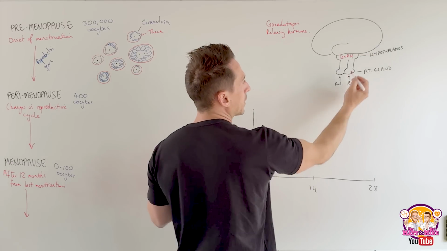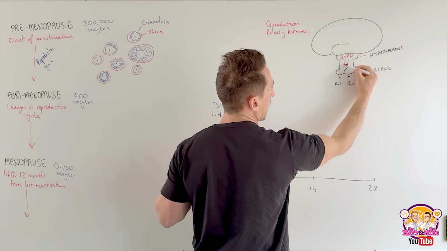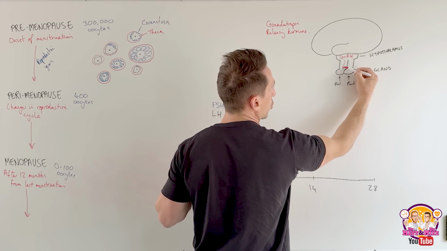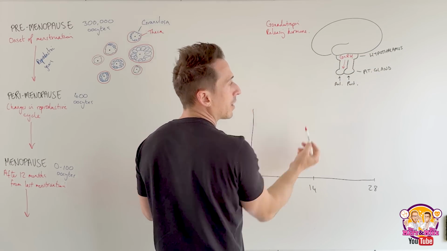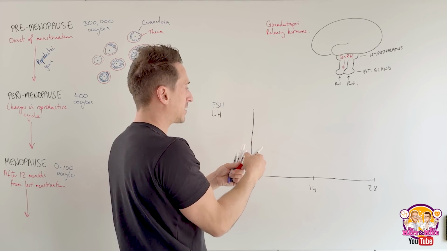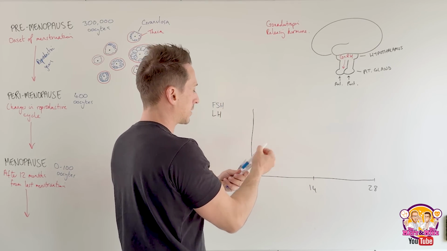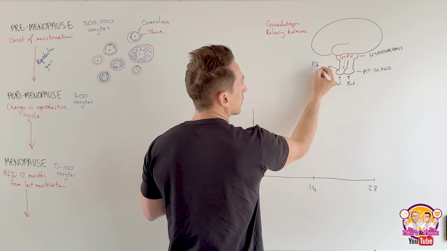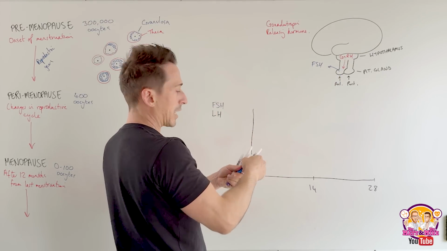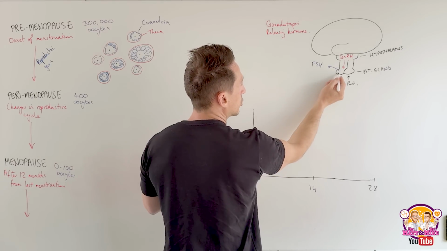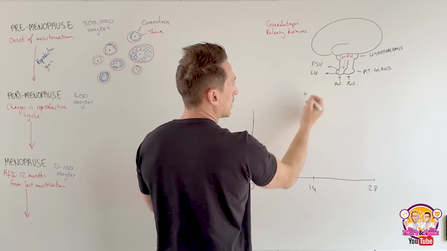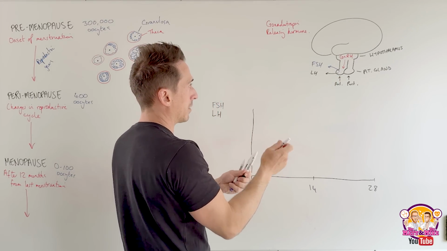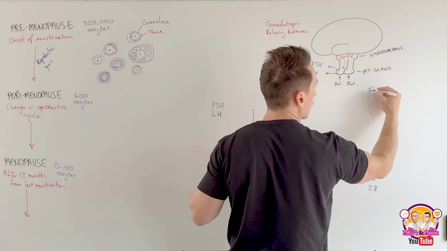Now, gonadotropin releasing hormone travels down this stalk to the anterior aspect of the pituitary gland and stimulates it to release follicle stimulating hormone, FSH, and luteinizing hormone, LH.